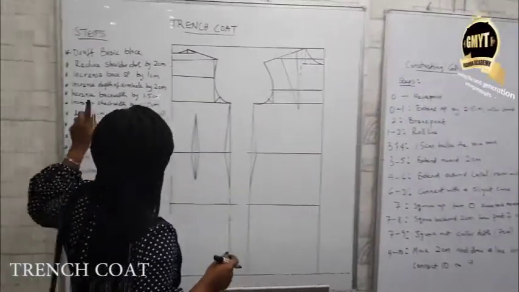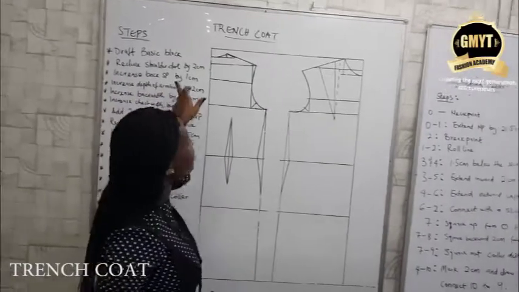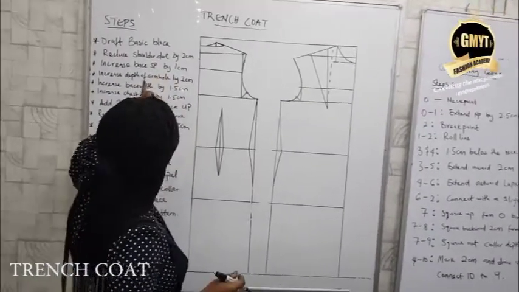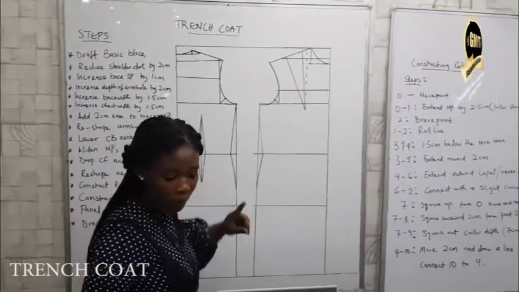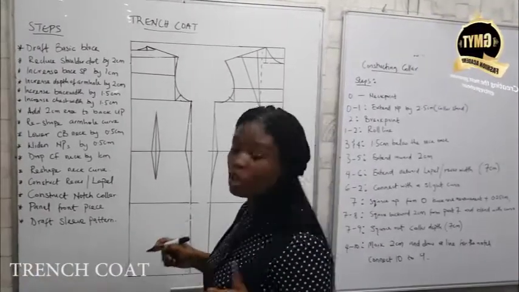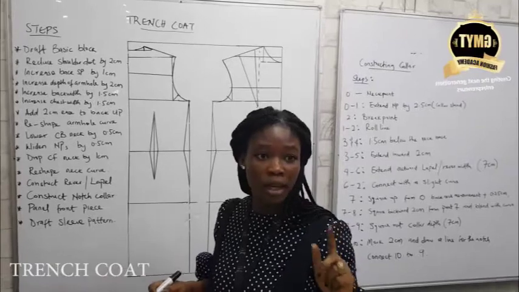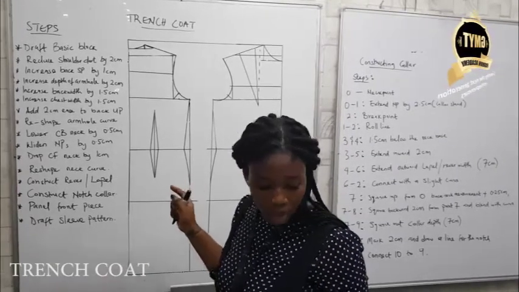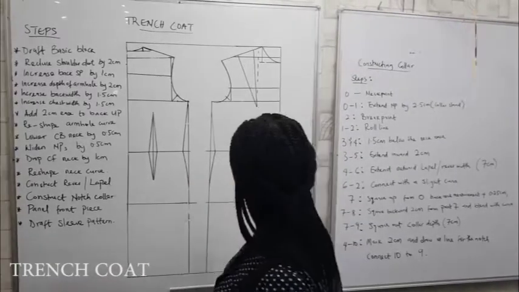So after that, the next thing to do is to increase your back SP by 1 cm. And you know, on your bodice pattern, your back shoulder is always longer. So that is why I'm adding 1 cm to it.